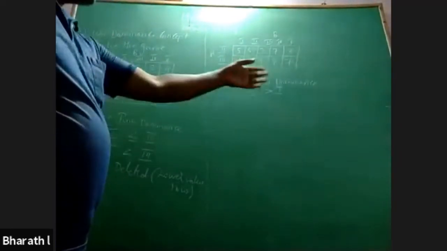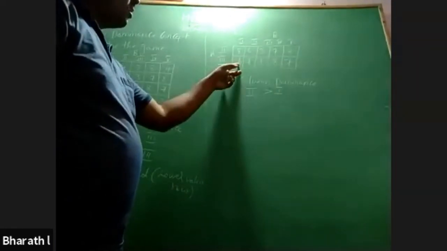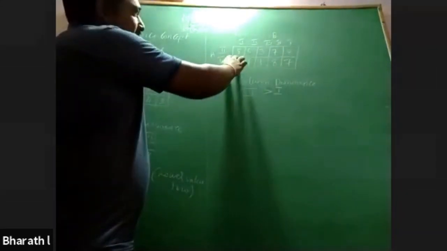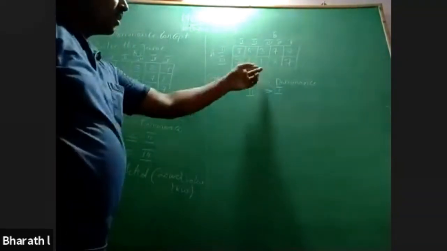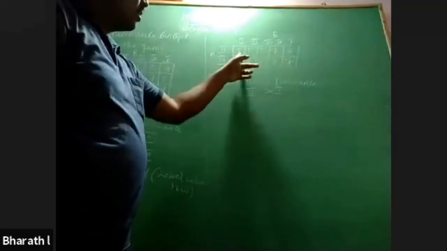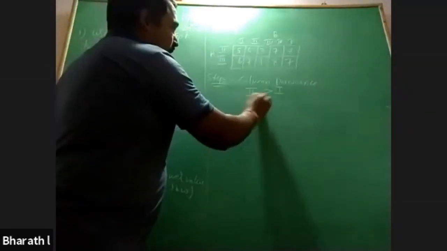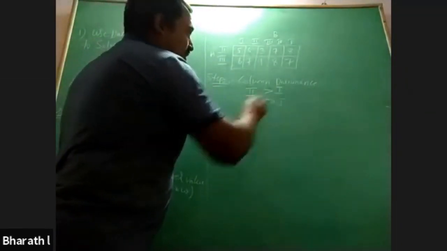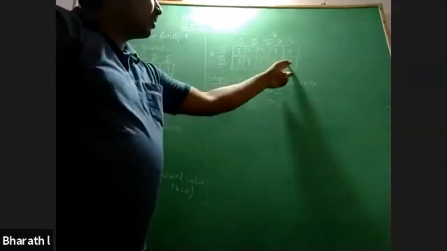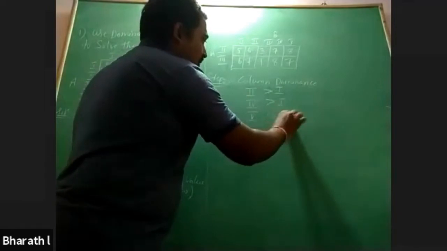Then again, first and third: 5, 3, 5 is greater; 6, 9, 9 is greater. If you compare the first and third column, none of the columns is leading alone. Then first and fourth column, 5, 7, 7 is greater; 6, 8, 8 is greater. Column 4 is greater than the first column. Next, first and fifth column, 5, 8, 8 is greater; 6, 7, 7 is greater. Column 5 is greater than the first.